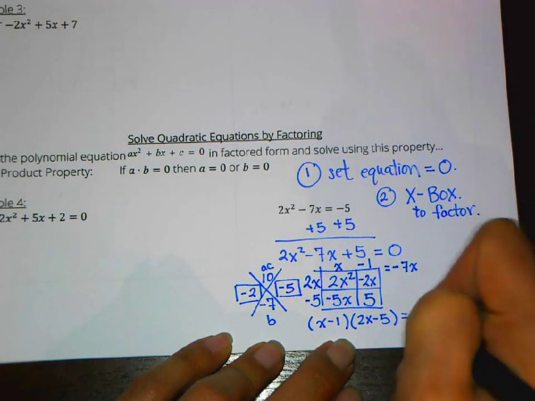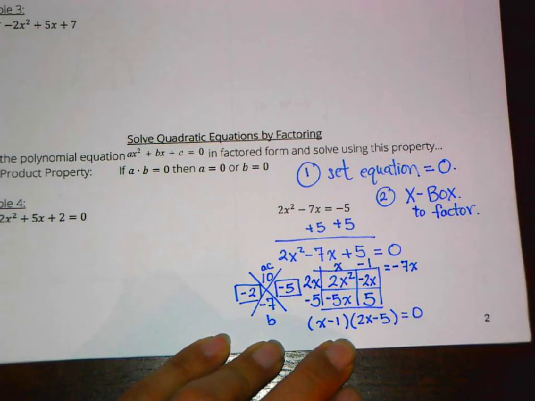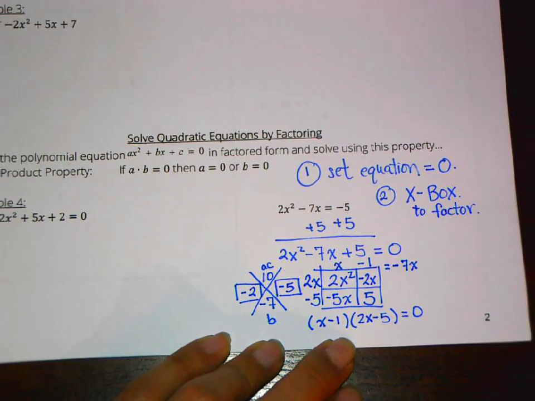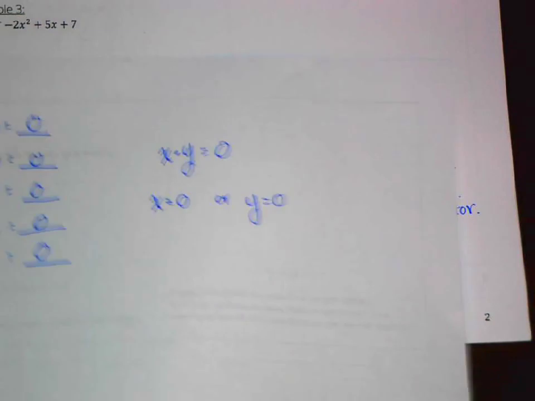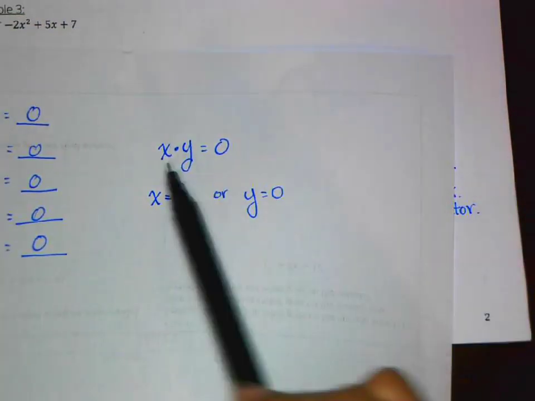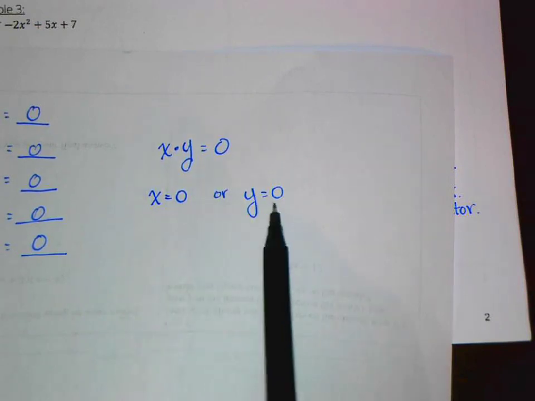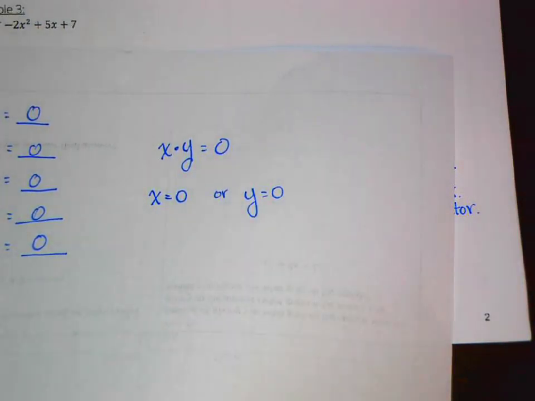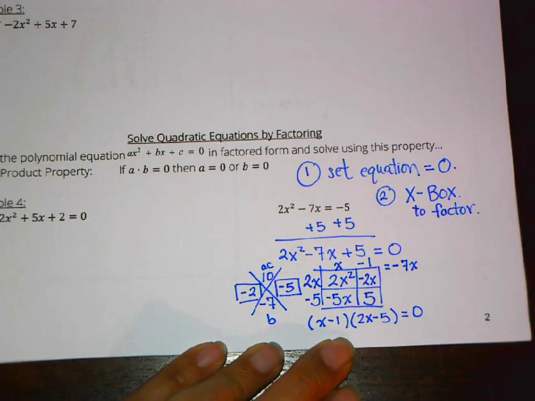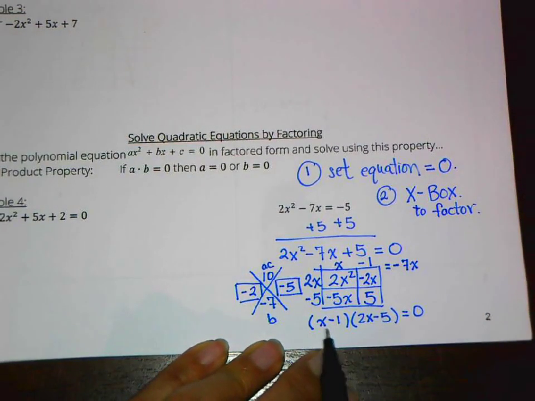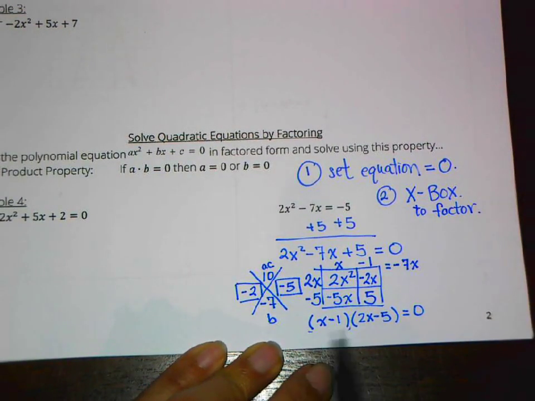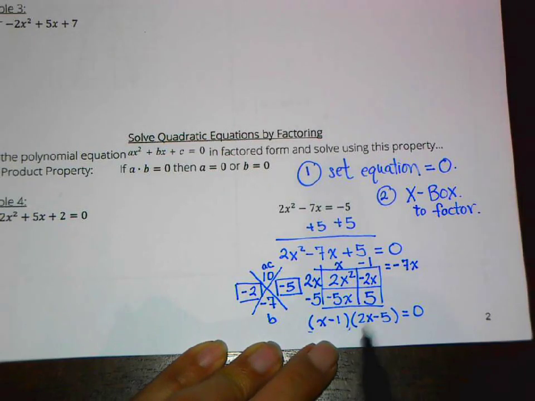is equal to 0. Going back to what we talked about earlier, when I have two numbers multiplied together to equal 0, one or both of the numbers can be equal to 0. So in this case, this is the first number, x minus 1. This is the second number, 2x minus 5.